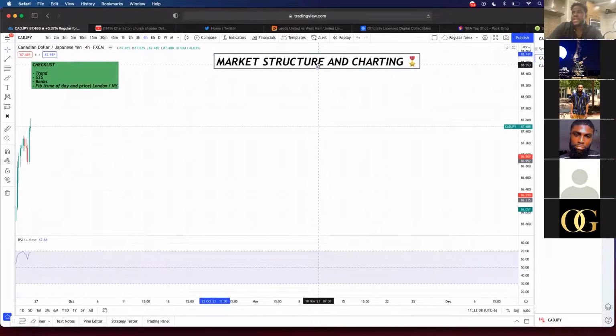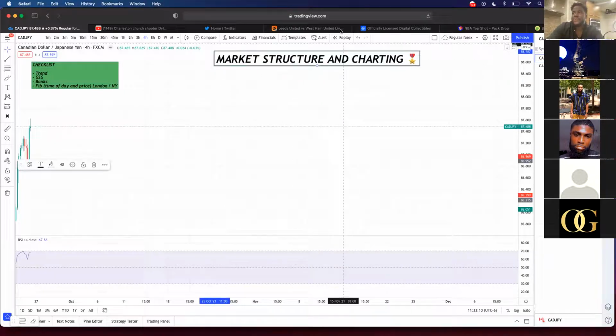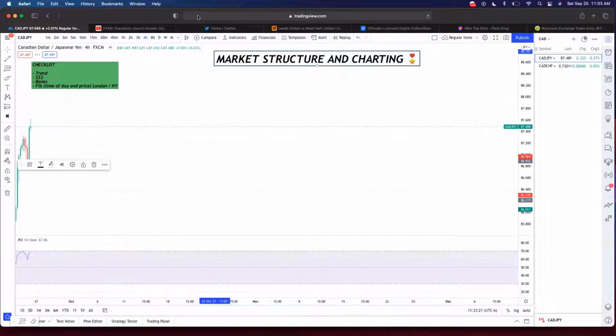Understanding market structure is crucial for technical analysis when it comes to foreign exchange or whatever chart you're looking at. When it comes to analyzing the foreign exchange market, commodities, stocks, indices, whatever it is, market structure is super, super important, okay?